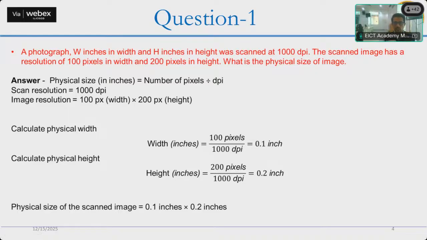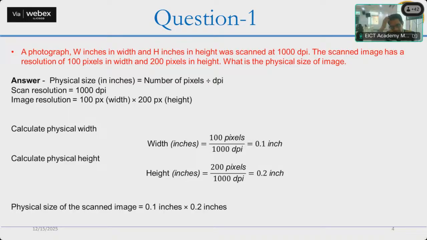If the physical size is P inches, then the total number of pixels will be P inches multiplied by pixels per inch.